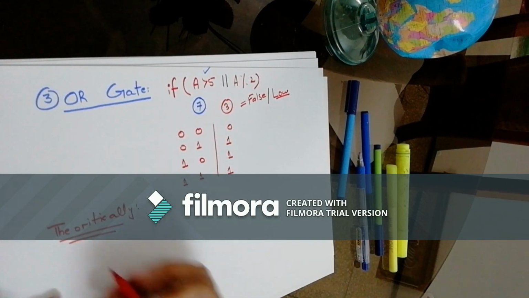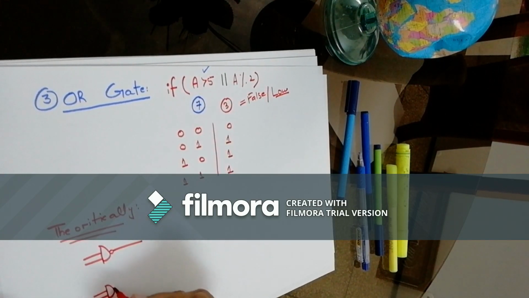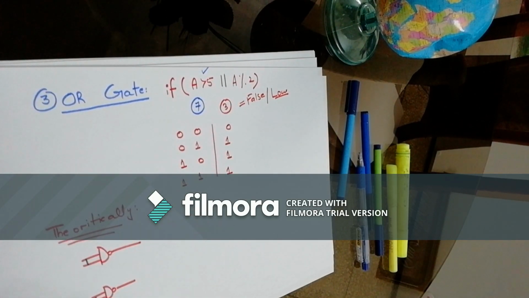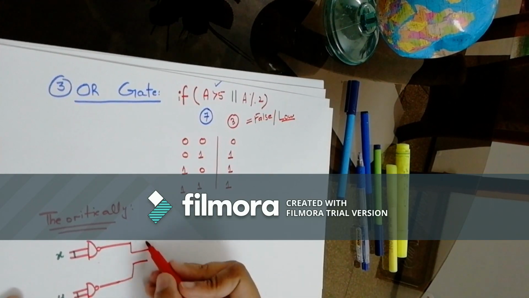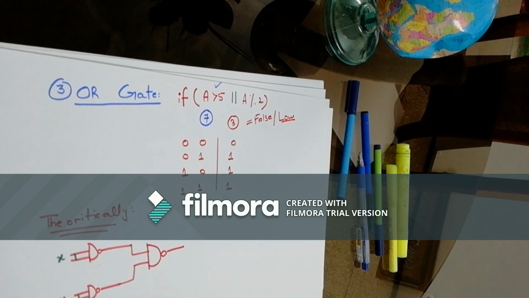First of all, take 2 NAND gates. Short their inputs. Now this will act as just X, and this will act as just Y. Now their outputs will act as inputs for the third NAND gate.